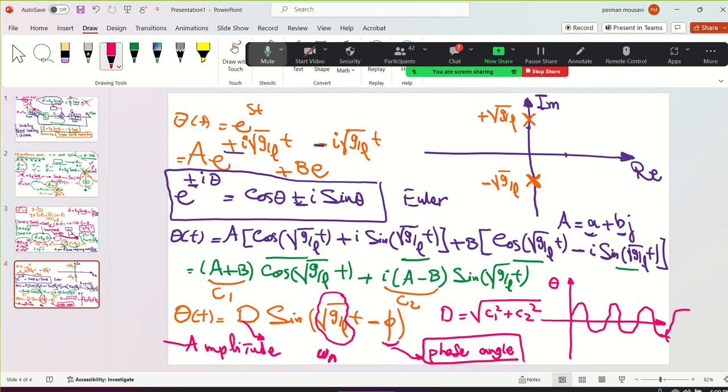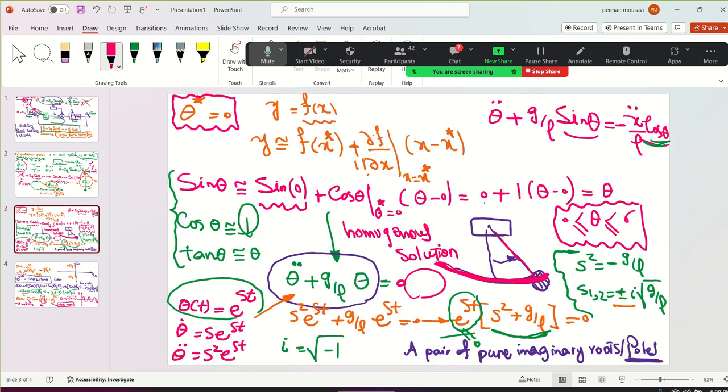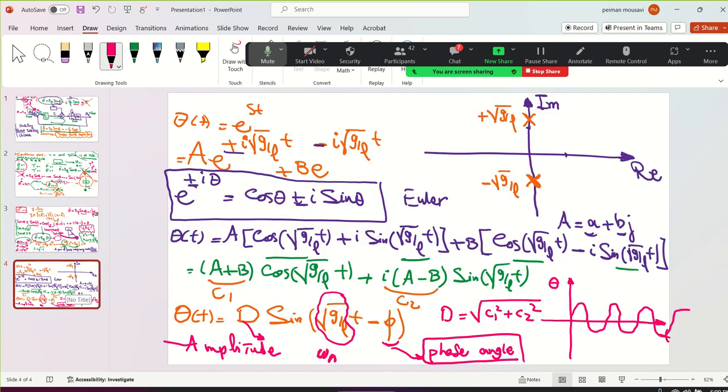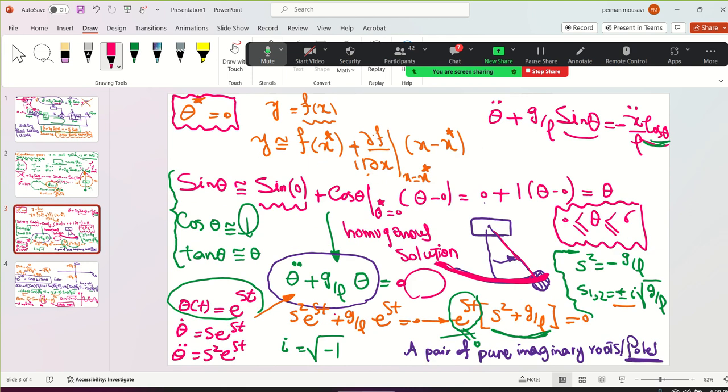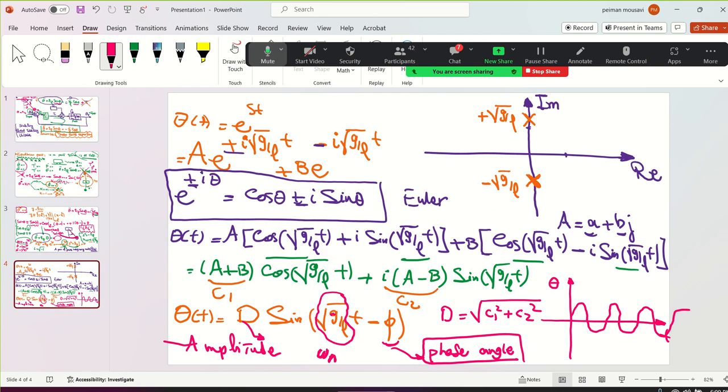Why natural frequency? Because it has a physical meaning. We are pushing here and releasing. Now, based on gravity, the system oscillates by itself naturally, at its natural frequency. See what I'm saying, everybody?